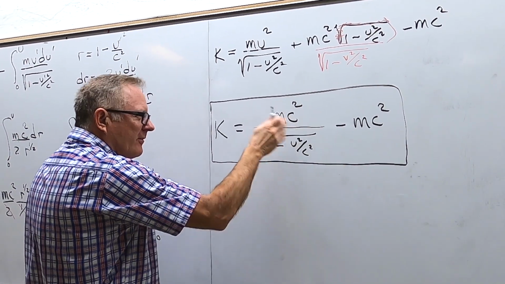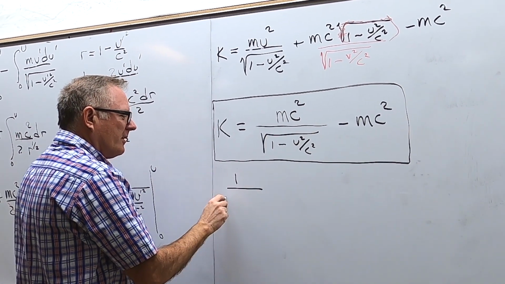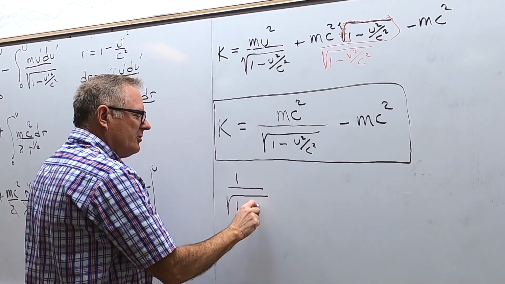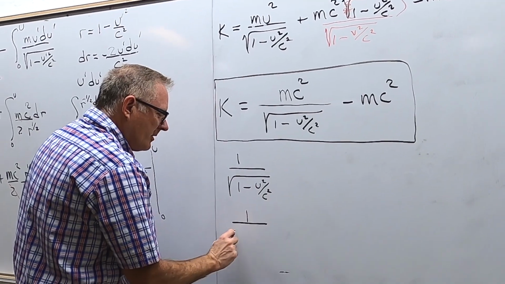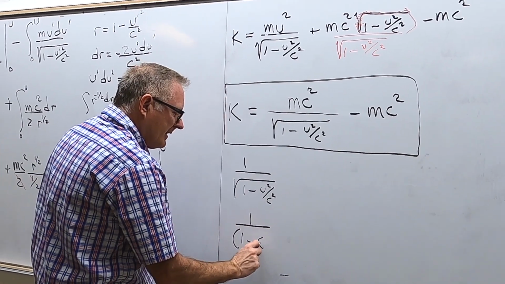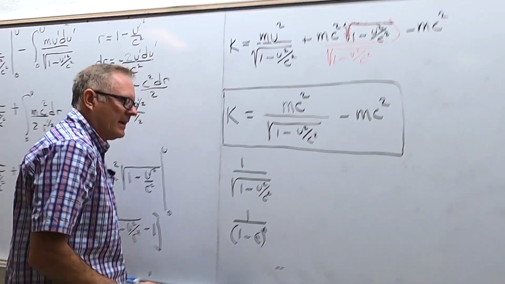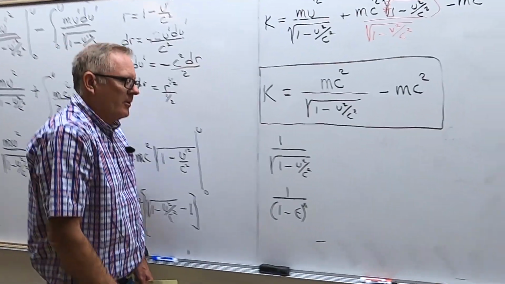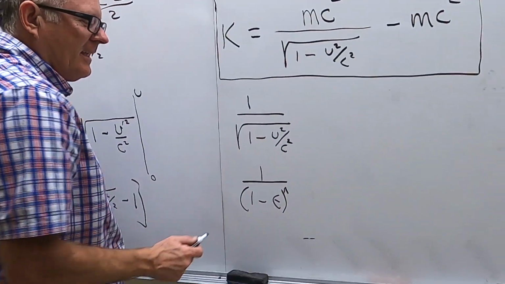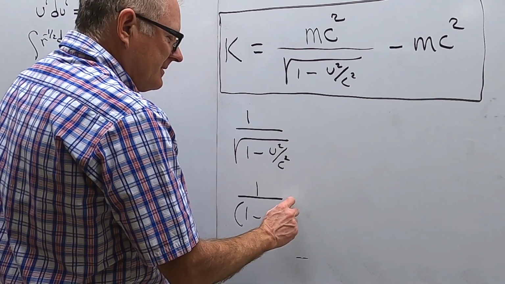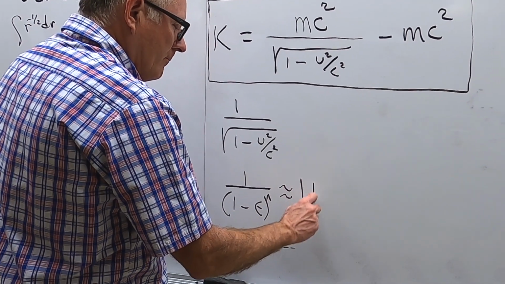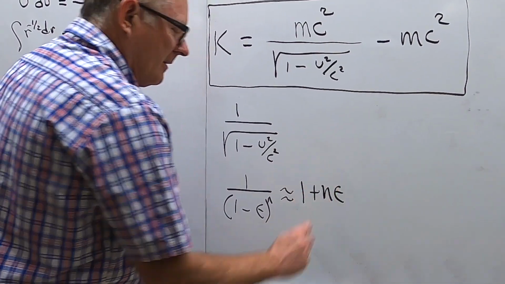This term without the mc squared, this 1 over the square root of 1 minus u squared over c squared, it looks something similar to 1 minus some little number, which we did before, to some power n. Remember, when this little epsilon was very small, then this was like 1 plus n epsilon.